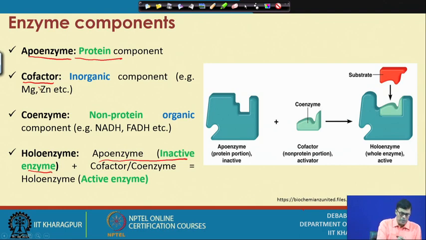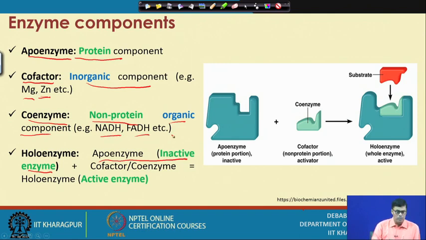But in the presence of a cofactor, which may be of two types: one is inorganic component, when we have manganese ion, magnesium ion, or zinc ion. And coenzymes, which are non-protein organic molecules like NADH, FADH, ATP.